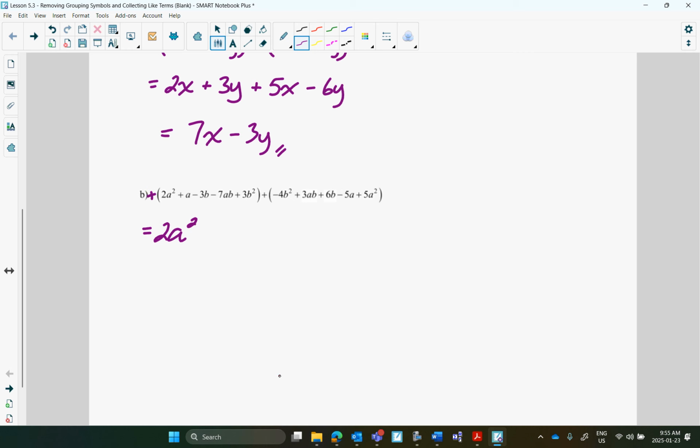Plus a is just plus a. Plus a negative makes a negative. Plus a negative again makes a negative again. And plus a positive makes a positive. So I can just take out the parentheses and nothing changes.